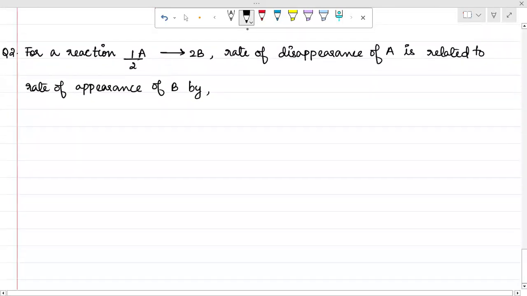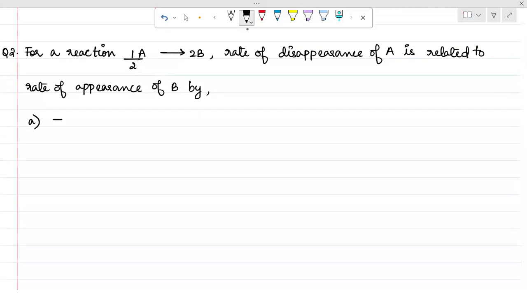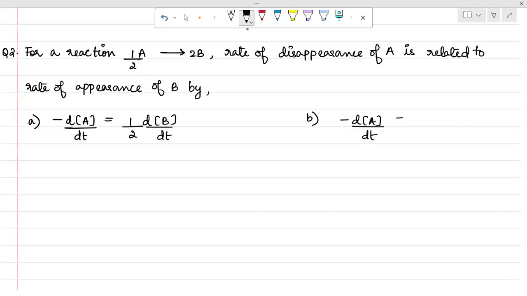So they have given some reaction. They want the relation between the rate of disappearance of the reactant and the rate of appearance of the product. Okay, so note down the options. Option A: minus dA by dt is equal to plus 1 by 2 dB by dt. Option B: minus dA by dt is equal to 1 by 4 dB by dt.